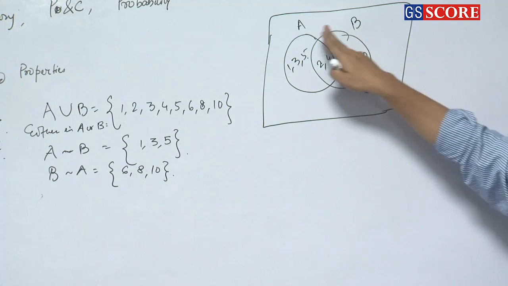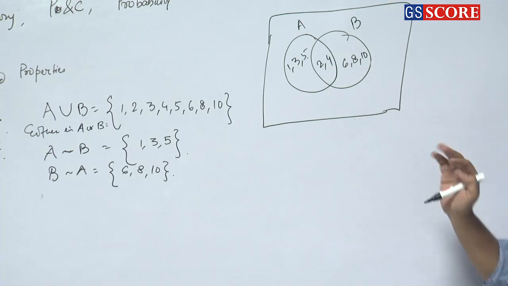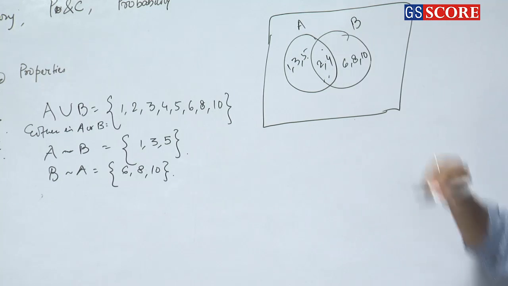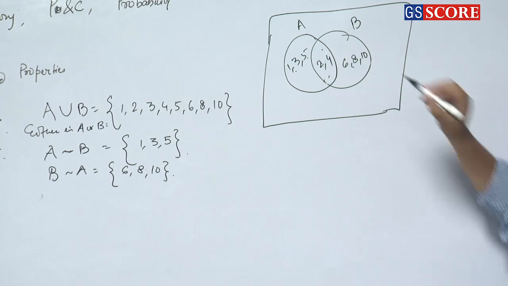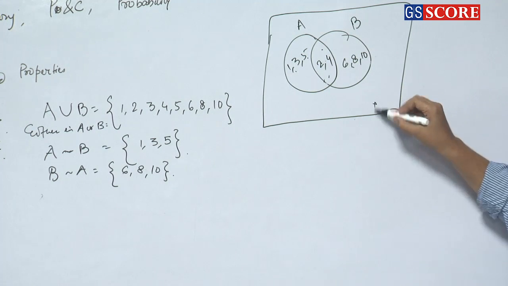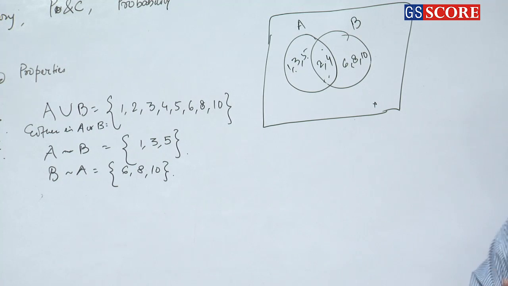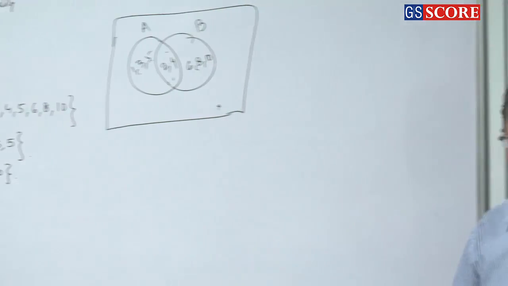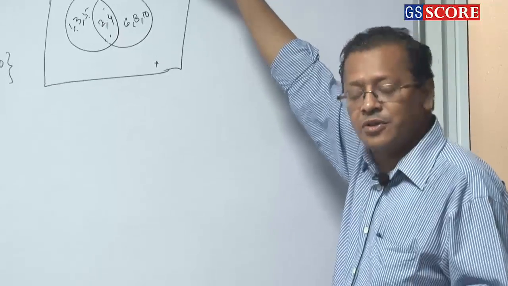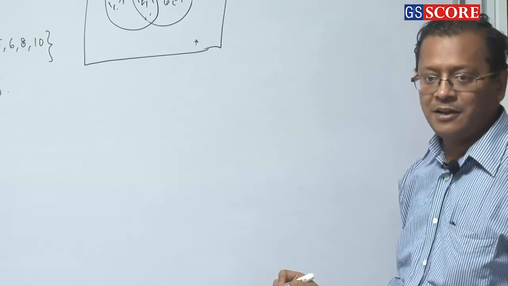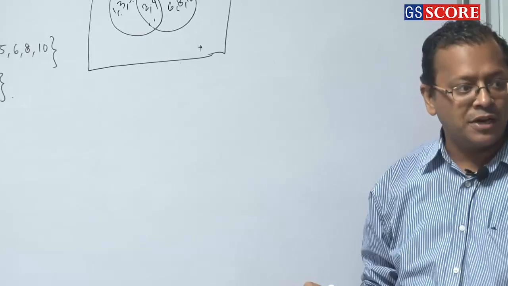This means either in A or in B. This is both A and B. This is only A. This is only B. And this region is neither in A nor in B. Logically, yahi possible. It is neither in A nor in B. And this whole set is known as universal set. Clear? Any problem till here now?